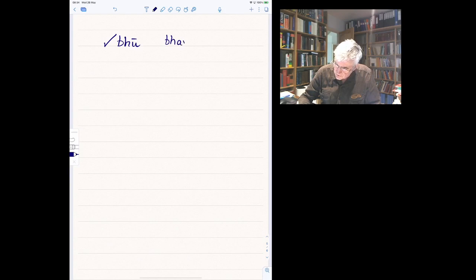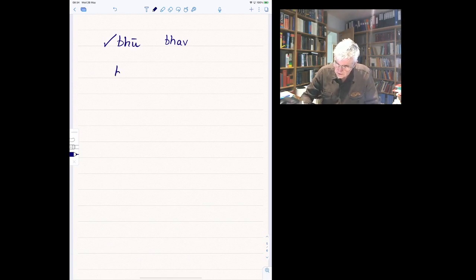There's a reason for it that we won't bother you with now, otherwise we'll overload this lesson. So it's to this stem bhav that we add the endings that we've just seen with pat: patati, patasi, patami, and so on. So I am, I am is bhavami. Actually, let's follow the order given here.